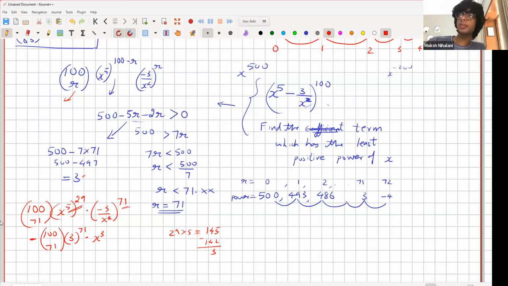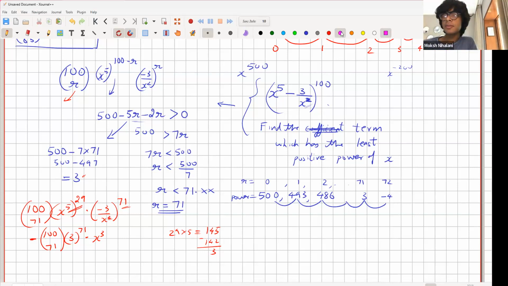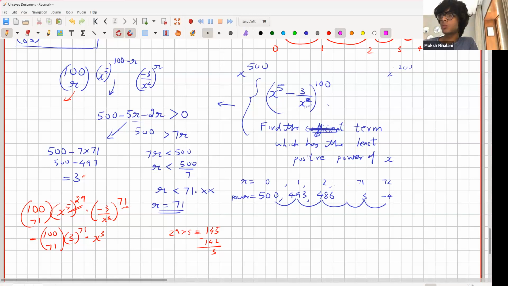Okay. Can I give an alternate method? Yes, please go ahead. If you take the power of the first term as x and the power of the second term as y, you can just do 5x minus 2y equals 0 and x plus y equals 100, and solve it as simultaneous equations.